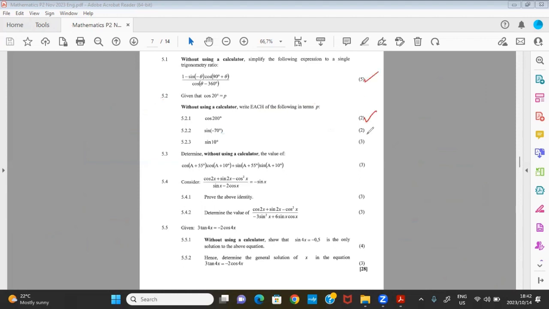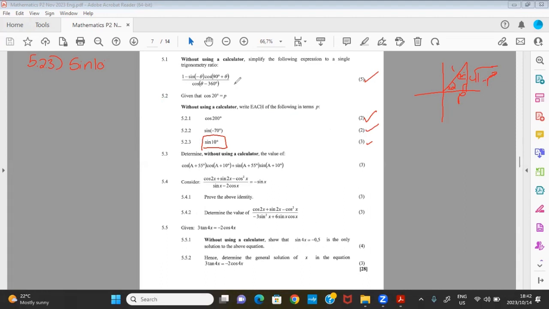Okay, so here I am. So 5.2.3, they want me to look for the sine of 10 degrees. I removed that, so let me just rewrite it here. So I have 20, 70, then here's my 90, p, 1, root 1 minus p squared.